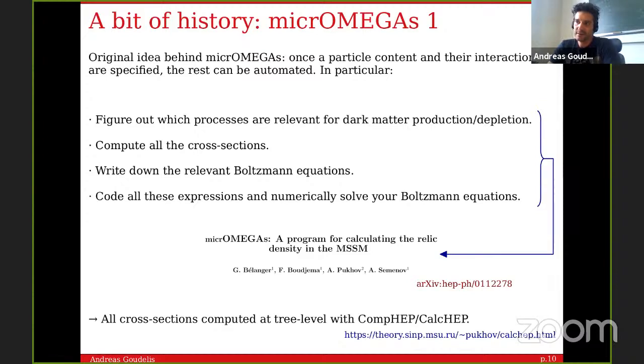This is what gave rise to the first version of micrOMEGAs, which was at the time a program to calculate the relic density in the minimal supersymmetric standard model. Keep in mind that all cross sections are computed at tree level with an external program incorporated in micrOMEGAs, which is called CalcHEP.